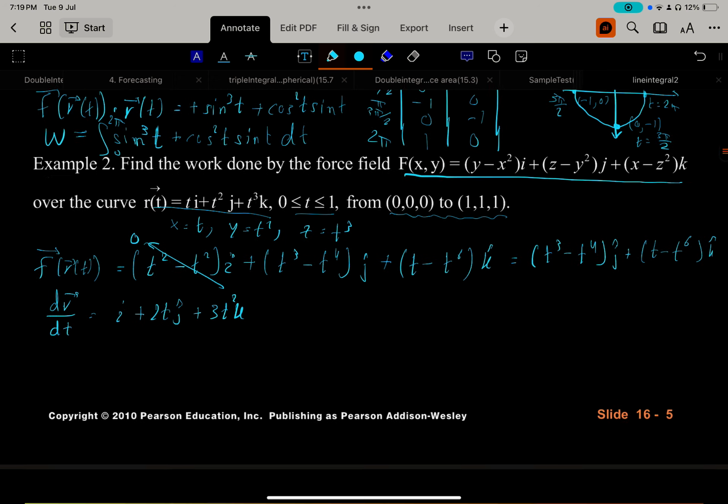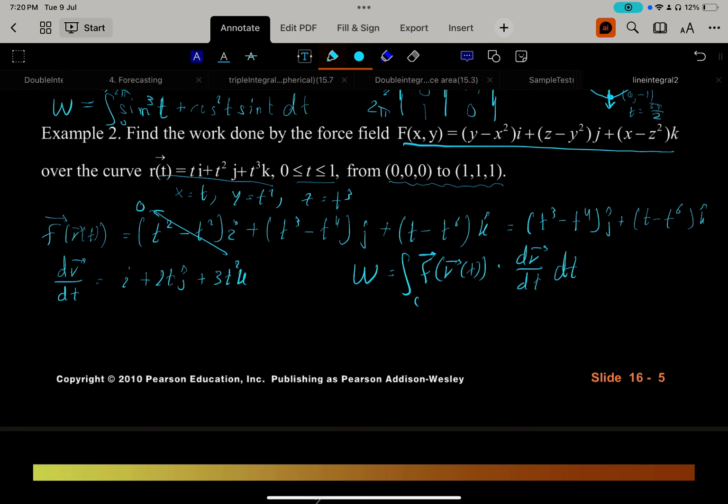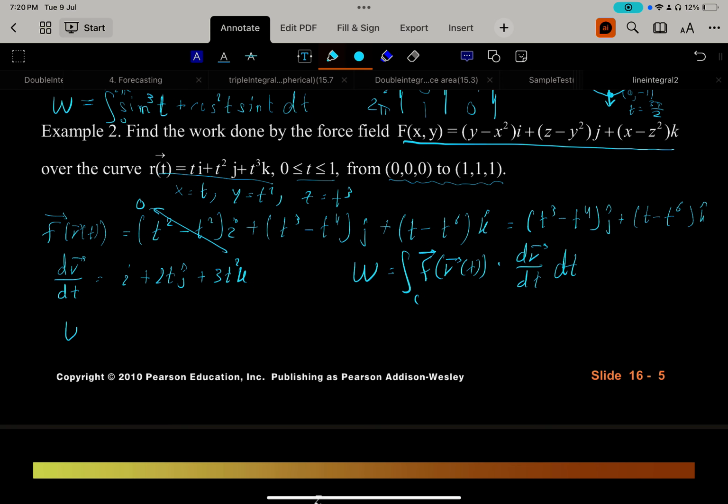Now the work is just the integral over c of f of r of t dot dr over dt, times dt. Of course, we can find the dot product here.